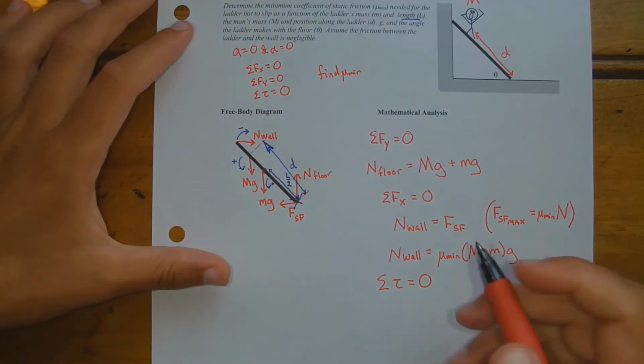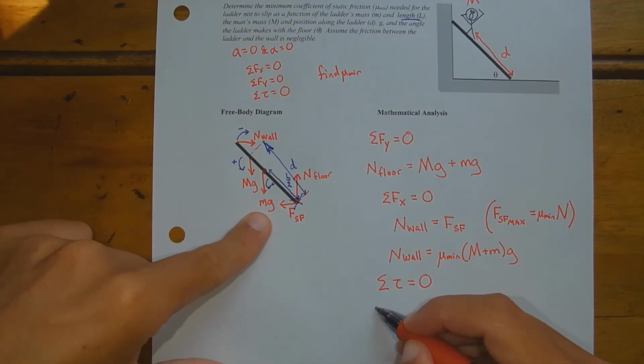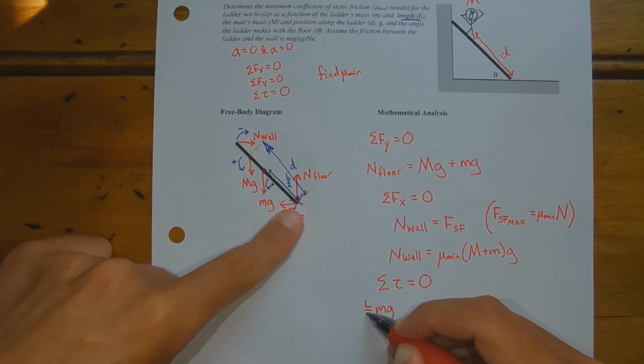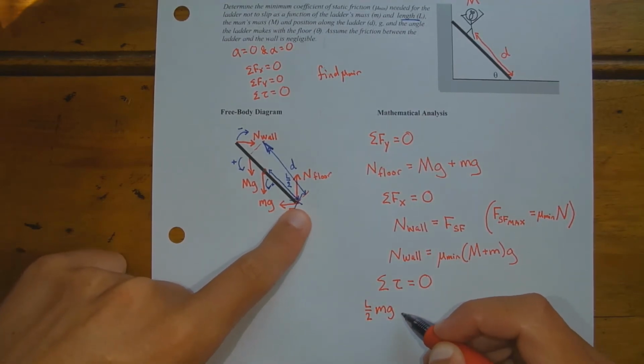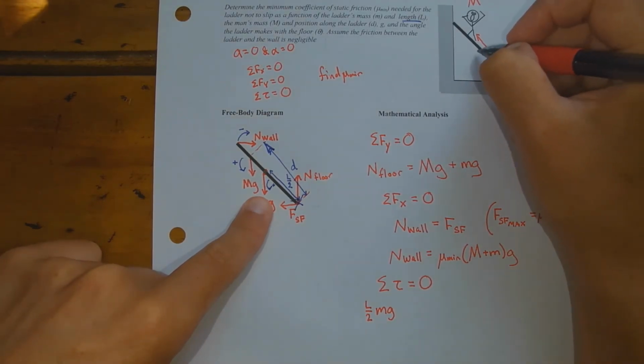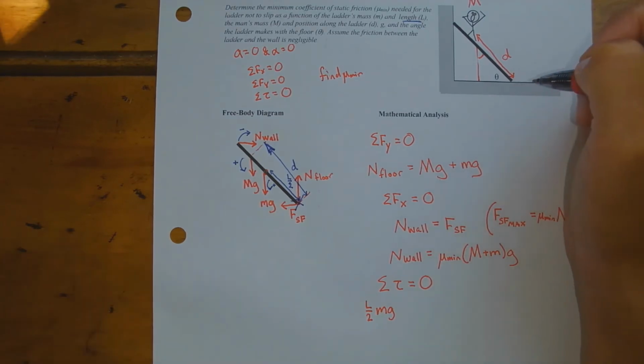So I can say the force of gravity for the ladder is acting at a distance of capital L over 2 from my pivot point. And then if this angle here is theta, that means this angle here is 90 degrees minus theta.